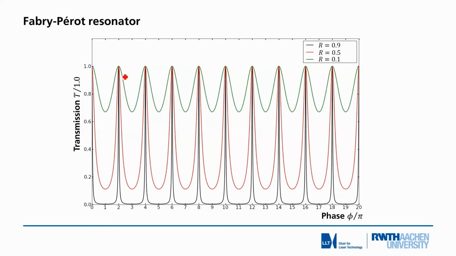So we have, for phase matching, very high transmission. And in the case of non-phase matching, we have very small transmission. So the resonator filters very efficiently these wavelengths, again at a frequency spacing of c over 2L.